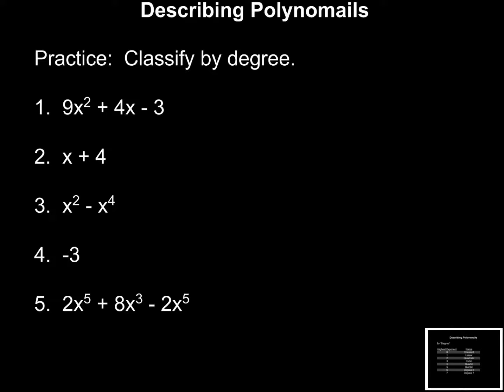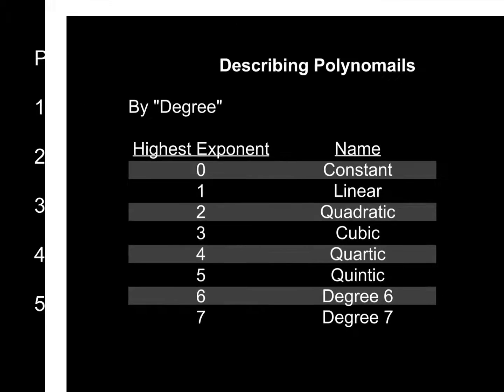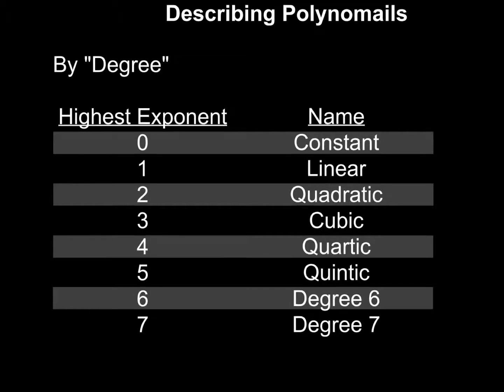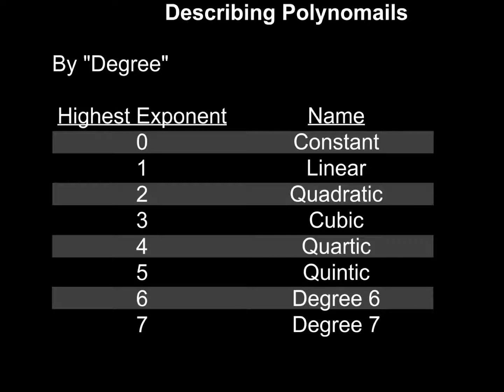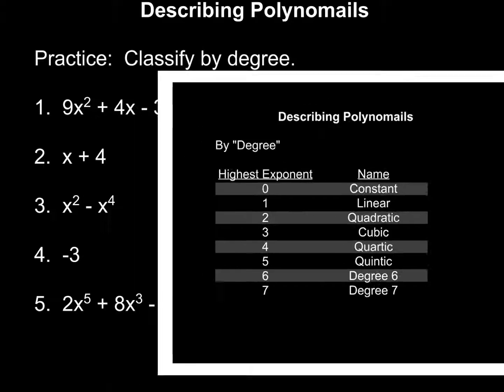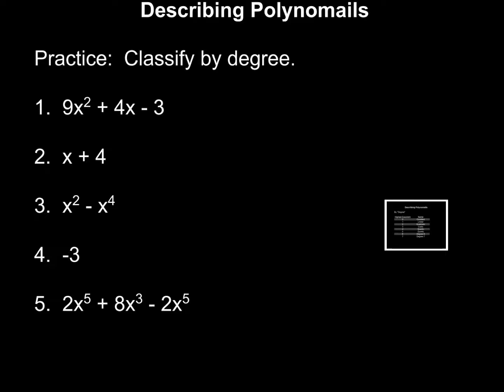What's the highest exponent on the x? 2. It is the 2. So then, I know my highest exponent is a 2. So what I'm going to do then is go back to my picture. And I'm going to say, okay, if my highest exponent is a 2, I look in the table. That is called a quadratic. So this one then is a quadratic.